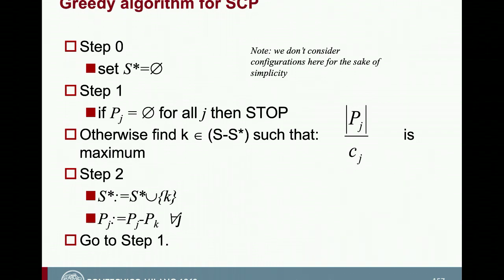So basically we are deleting these points from the problem, and then of course we have new sets Pj that we will use for the second iteration. So this is what we do step by step until we have these coverage sets Pj empty, which means that we have covered all test points, and then of course we stop.